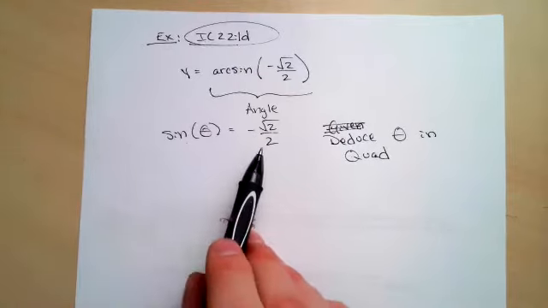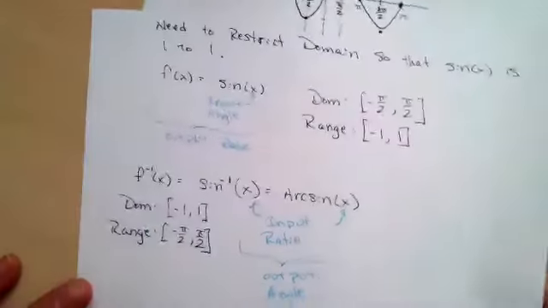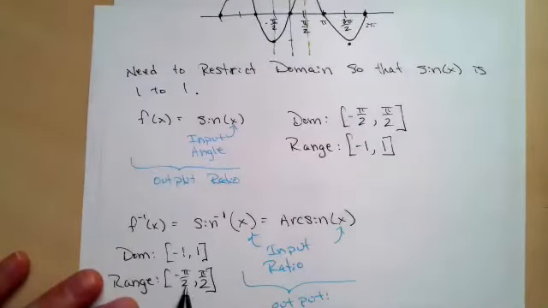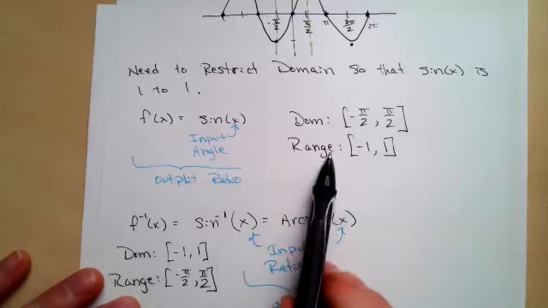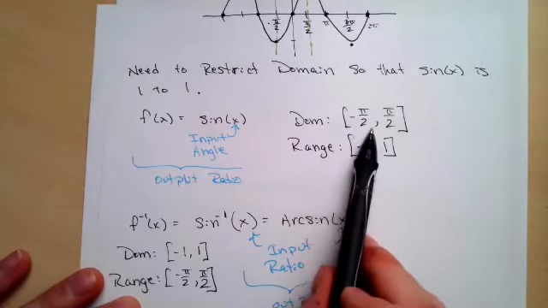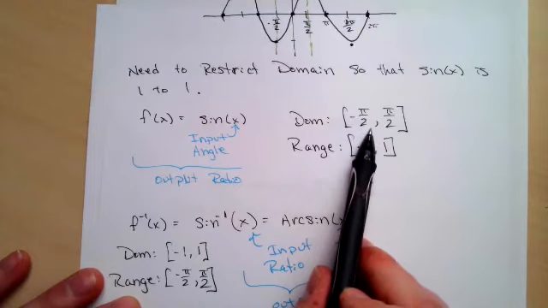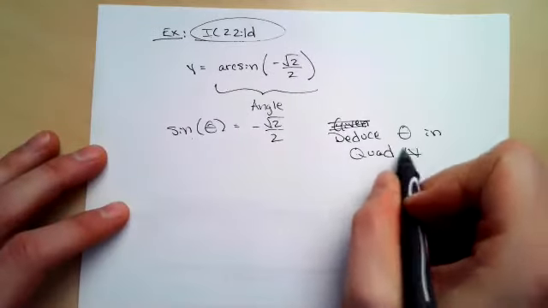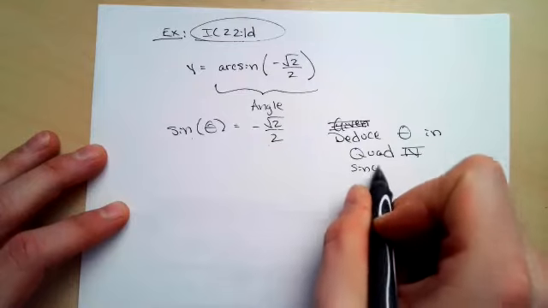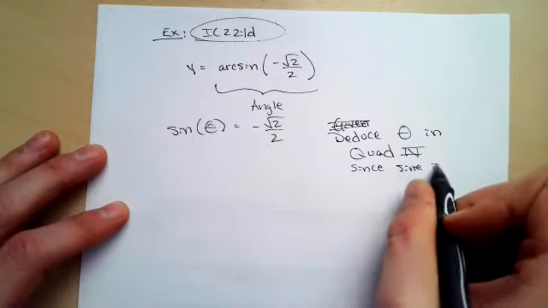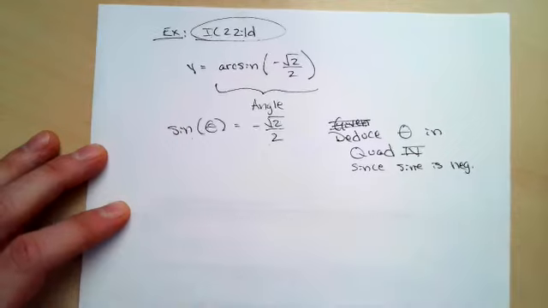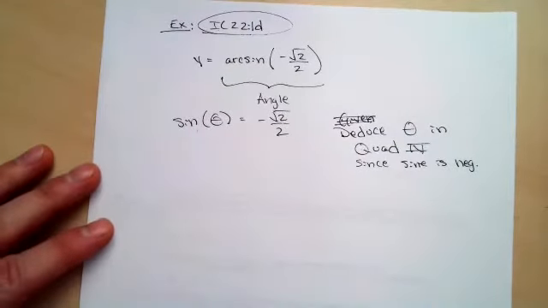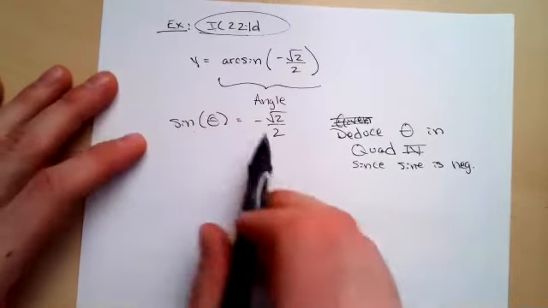But by our restriction, the only range where sine is negative will be quadrant 4. Specifically, it's just a negative angle in quadrant 4.